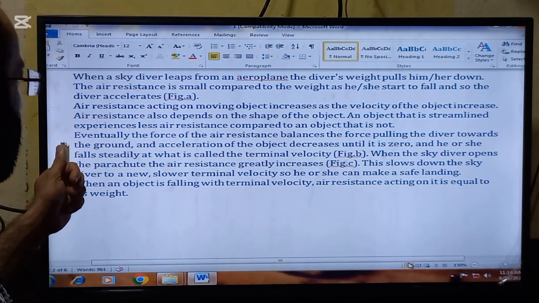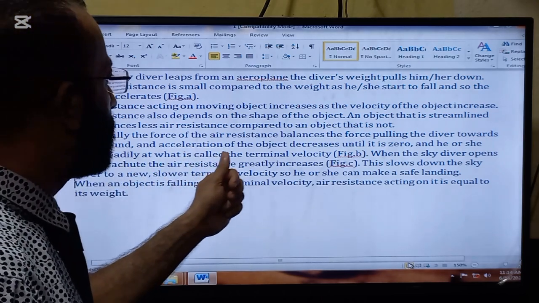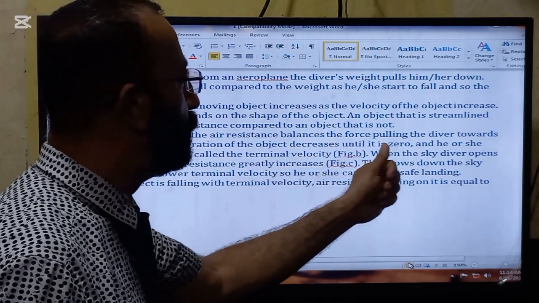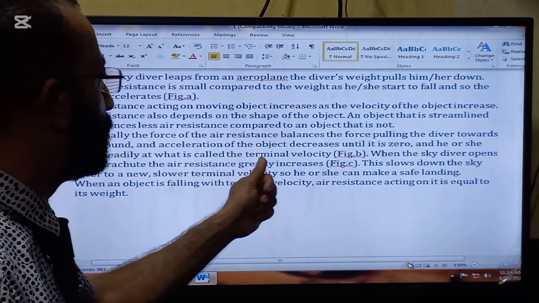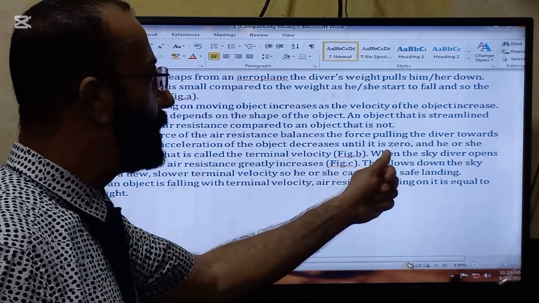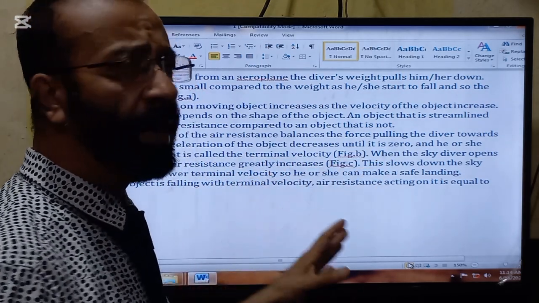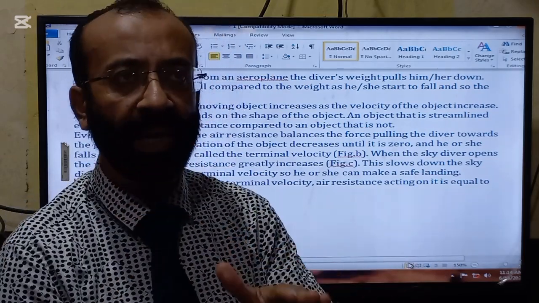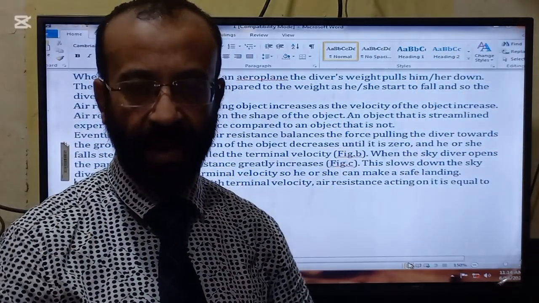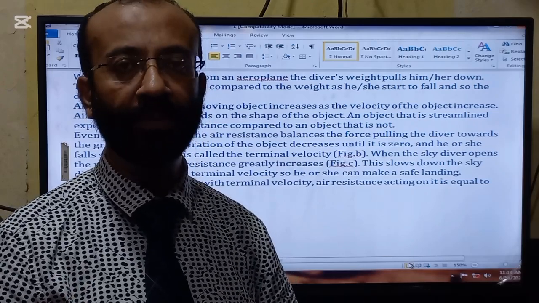So look now, eventually the force of the air resistance balances the force pulling the diver towards the ground, and the acceleration of the object decreases until it is zero. So acceleration becomes zero eventually because the air resistance becomes greater as the speed gets more.